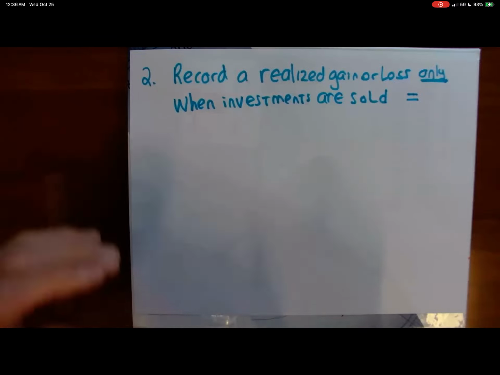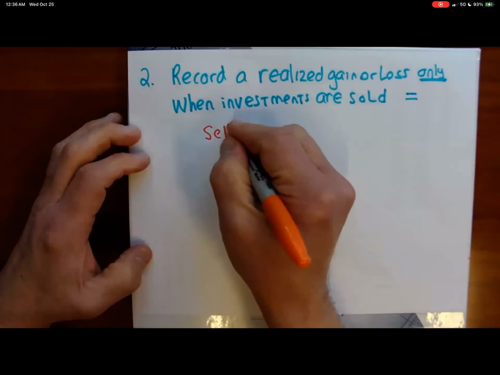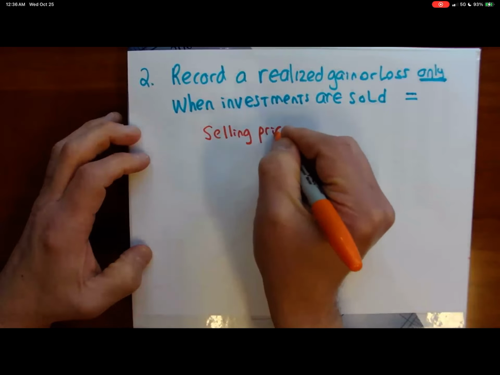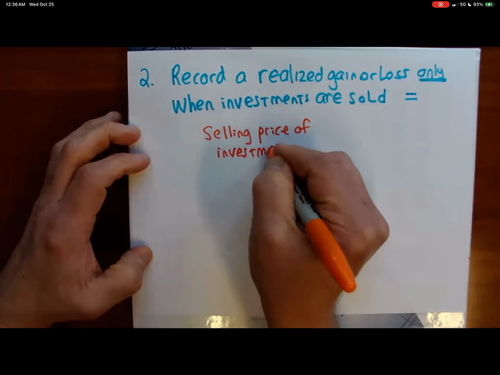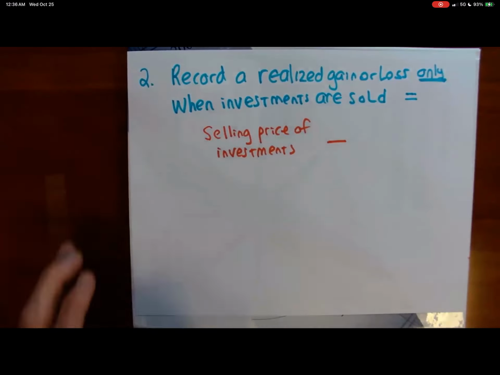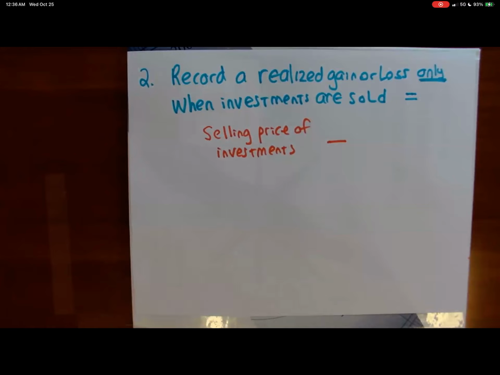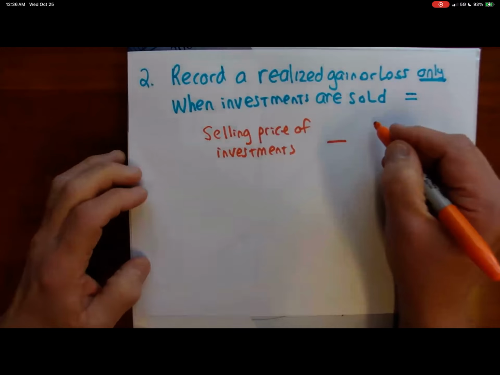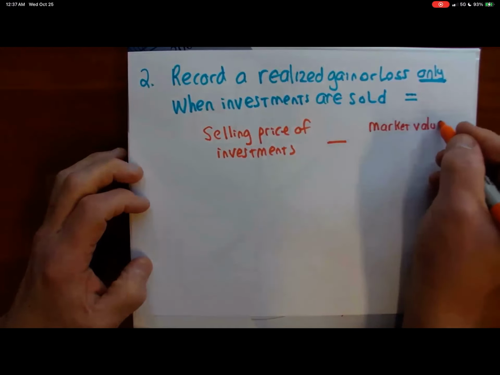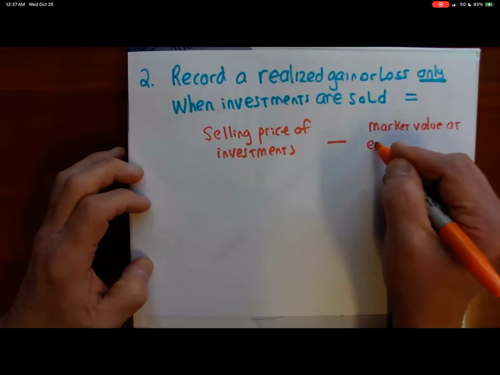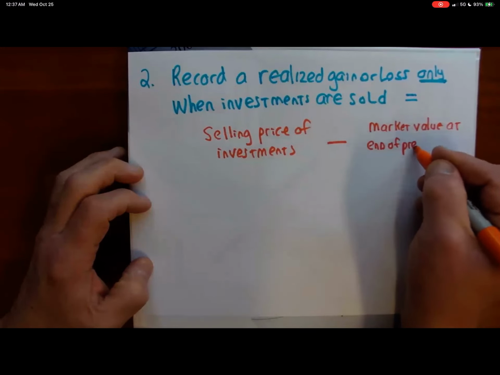So we'll take the selling price of the investments, and then subtract from that the market value at the end of the previous year, what it was reported at on the balance sheet at the time it was sold. We'll subtract the market value at the end of the previous year.